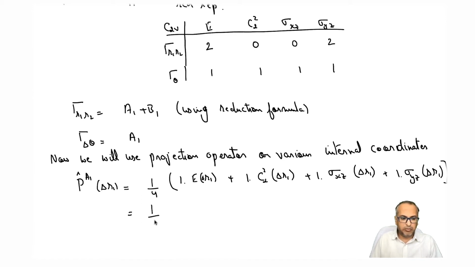This gives me, after normalization, 1 by root 2 times (delta R1 plus delta R2).